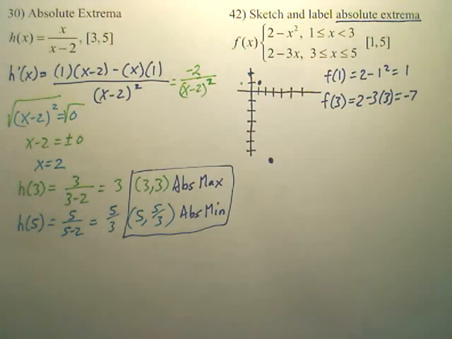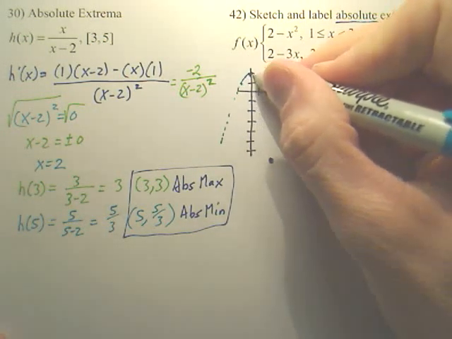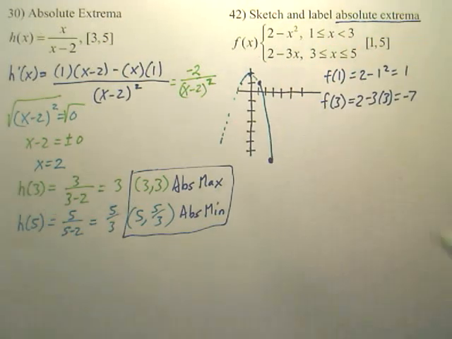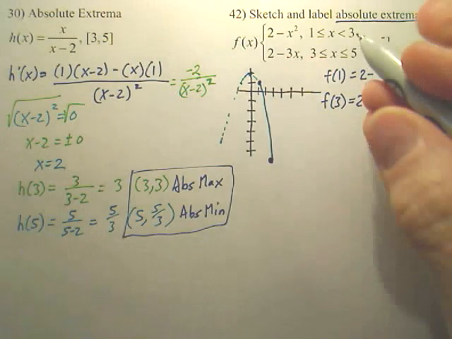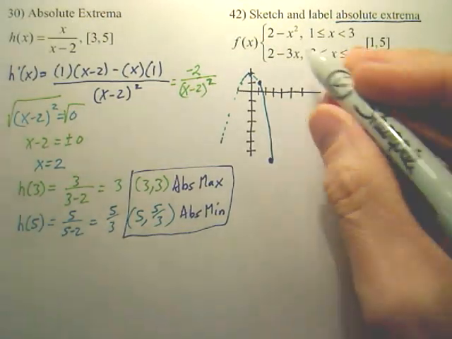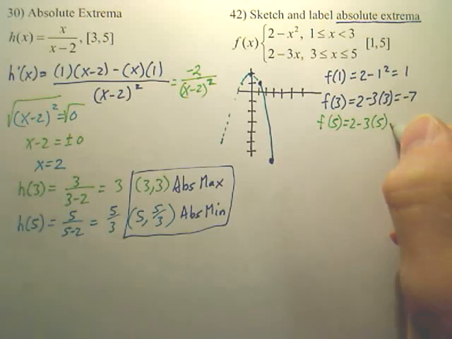So if you think about this graph, it kind of looks like this. But from here, isn't it going down like that? And then let's find f of 5, which is the other endpoint, which would be 2 minus 3 times 5.